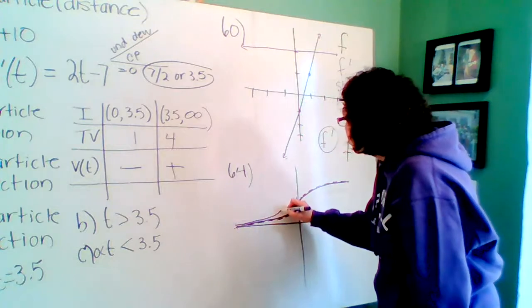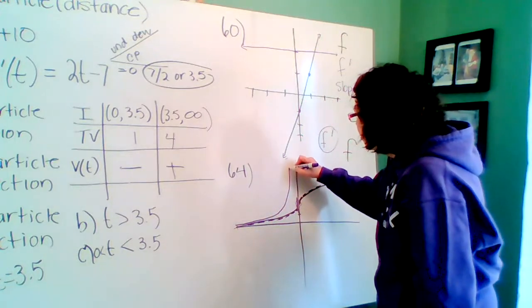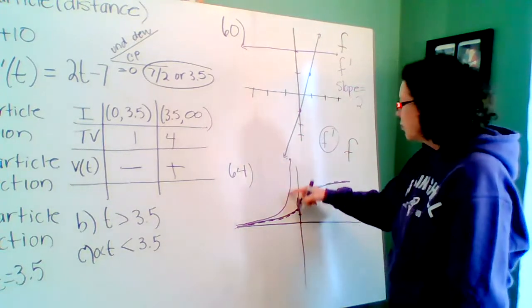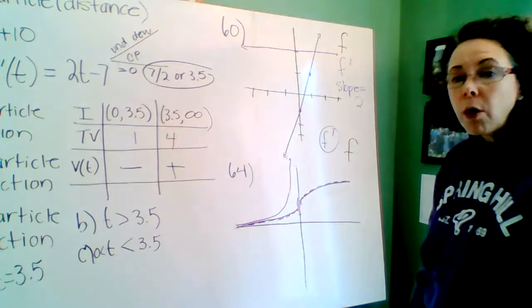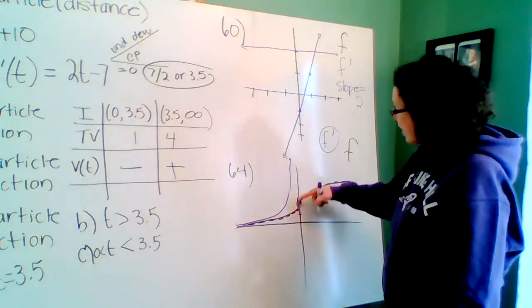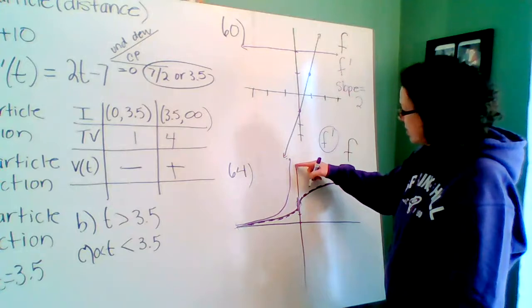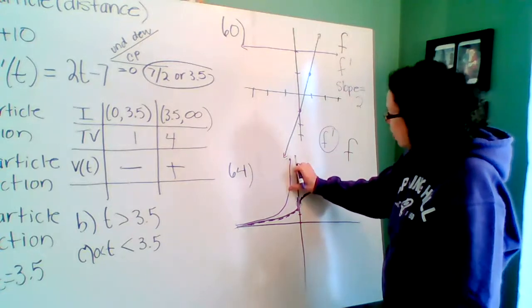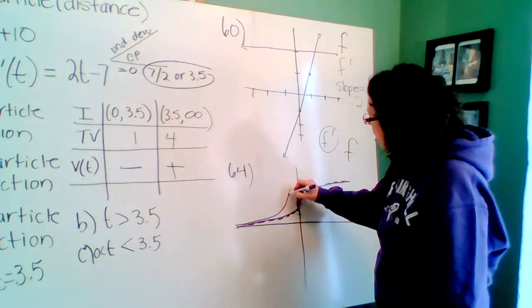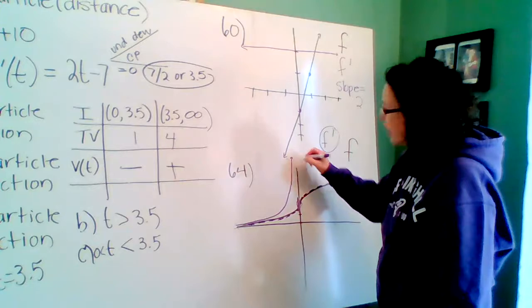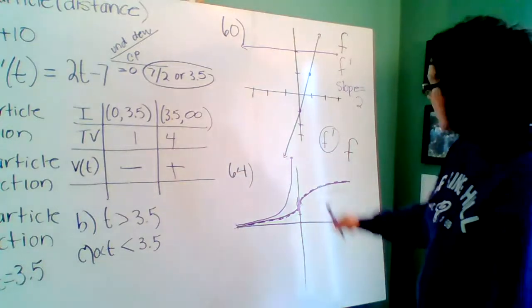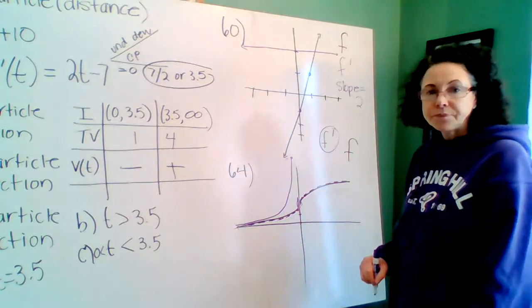And as I get closer to x equals 0, I am recording y values that are more and more steep. And I'm not actually going to hit x equals 0 because it's undefined there. So I think what I have here is a vertical asymptote, right, as I approach x equals 0.